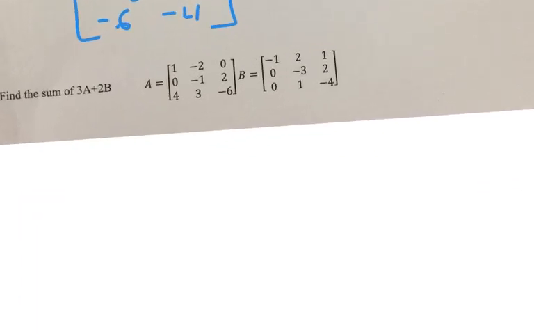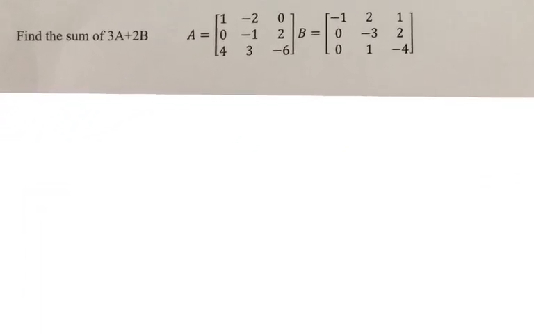All right, here's maybe our first interesting problem. Find 3A plus 2B. So this has both operations that we've dealt with so far. We have a scalar multiplication, we have another scalar multiplication, and then I need to add the matrices. Well, the order of operations still holds. So you need to do the multiplication first.